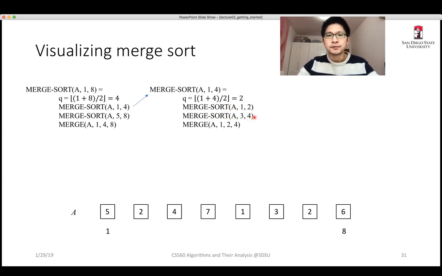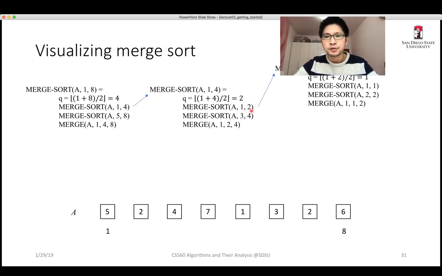You can divide further by drawing out the call on A1 to A2, which computes the midpoint 1 and calls merge sort on A1 to A1 and on A2 to A2.